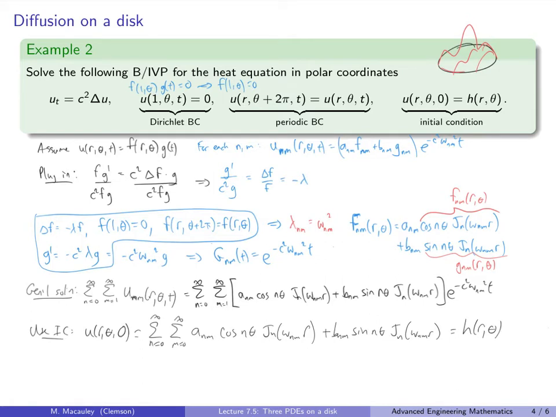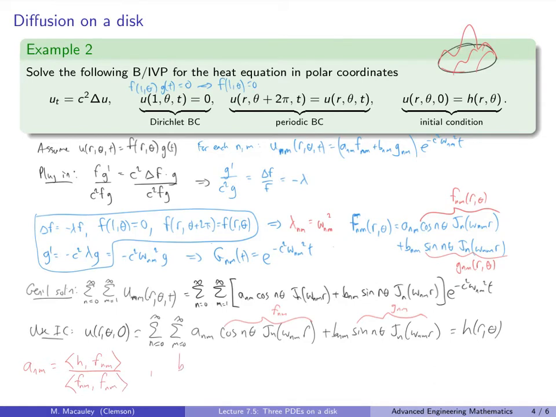So now I am indeed going to use these f's and g's. I'm going to call this f_nm, and this is going to be g_nm. Okay, and so to set these equal, how do we find a Fourier-Bessel series of h? By orthogonality of the eigenfunctions, we know that a_nm is the inner product of h with f_nm, like we did in the last lecture, over the inner product of f_nm with f_nm.